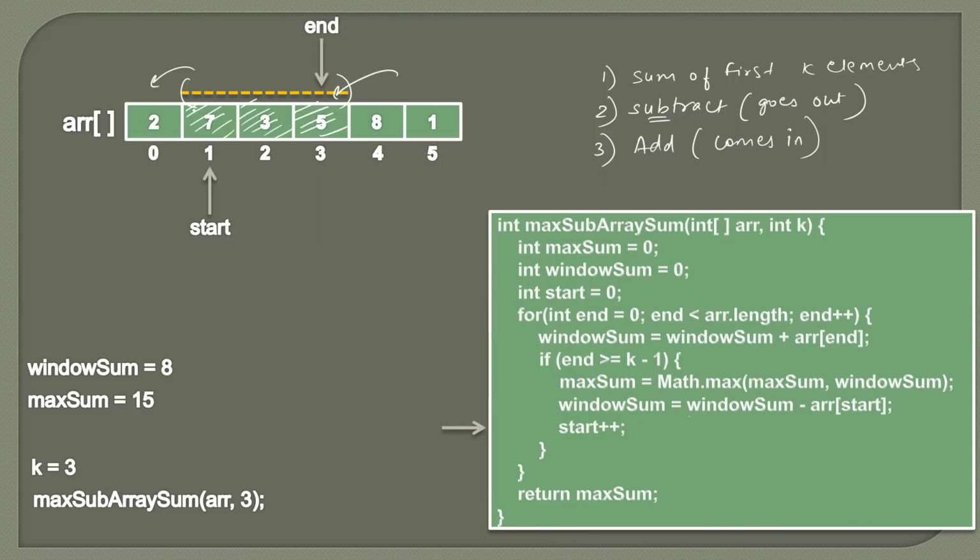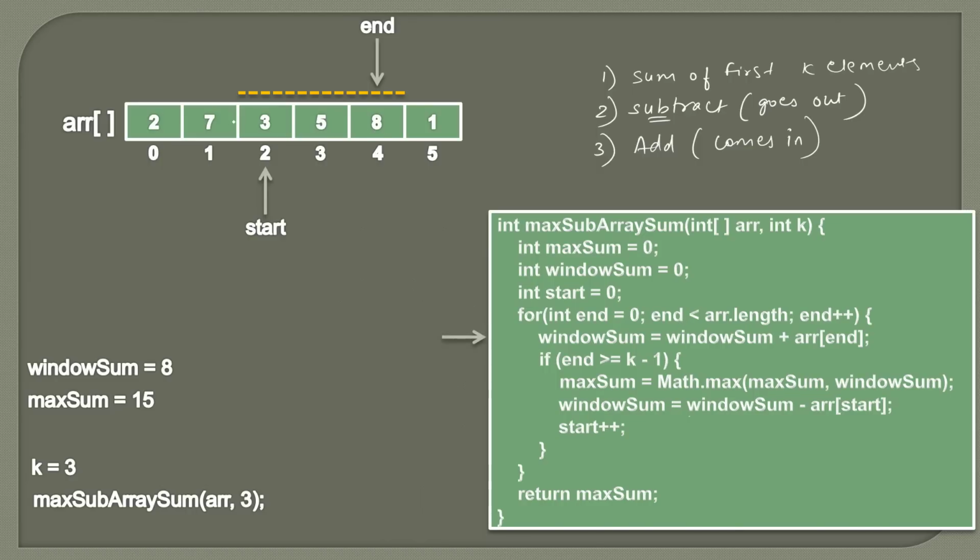Once 7 goes out of the sliding window, we know the next sliding window will start from index 2, so we do start plus plus. So start will come at index 2. We will increment end. End comes to index 4, which means our window now runs from index 2 to 4.